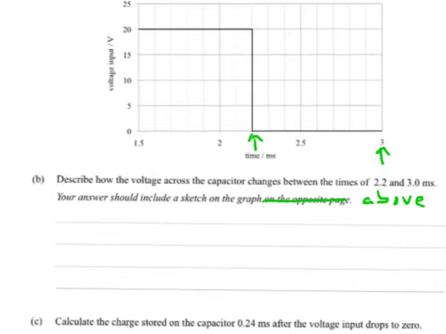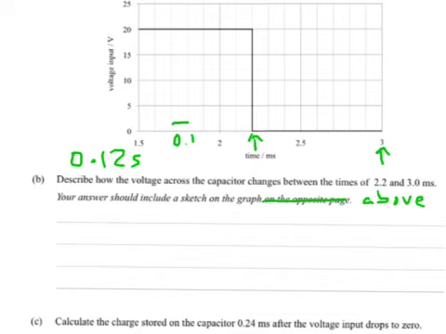In any case, B, describe how the voltage changes between these very specific times. So this is at the falling edge of the DC signal. So we know the time constant is 0.12 seconds. So on this graph, that would be roughly a little over 1 square in length, because each square is around about 0.1.